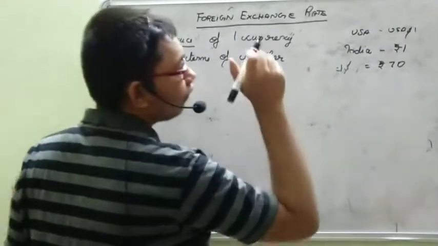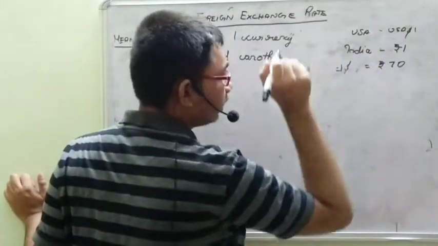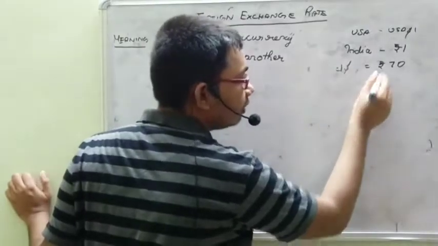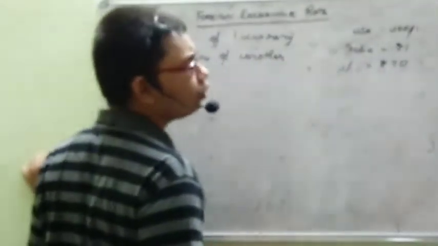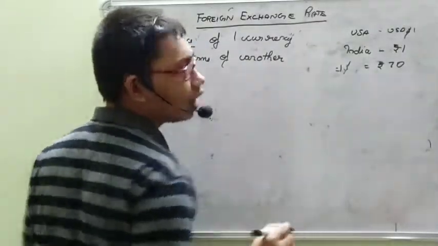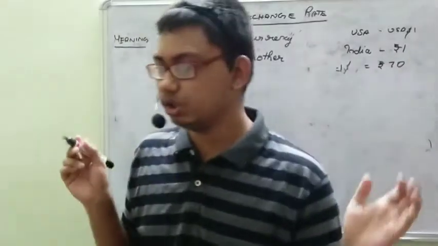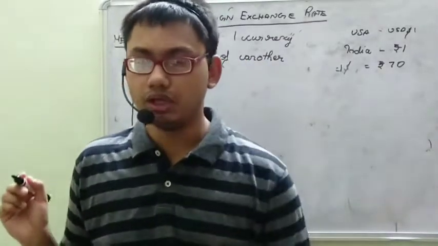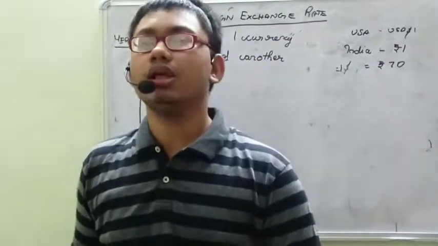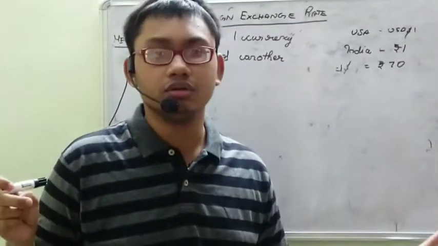The price of $1 in terms of Indian rupees will be equal to 70 rupees. This is equivalent to goods also. Let's take you are buying some good and it costs 70 rupees. This 70 is the price of that good.